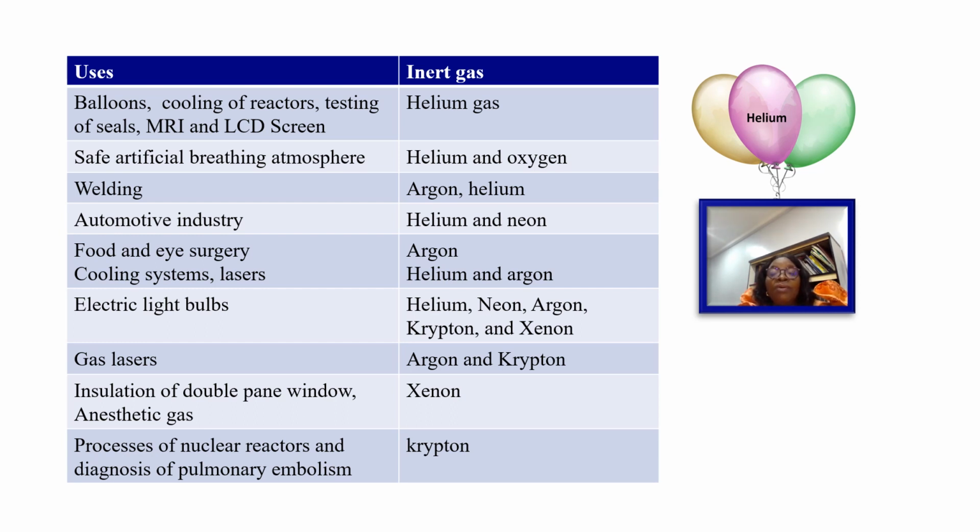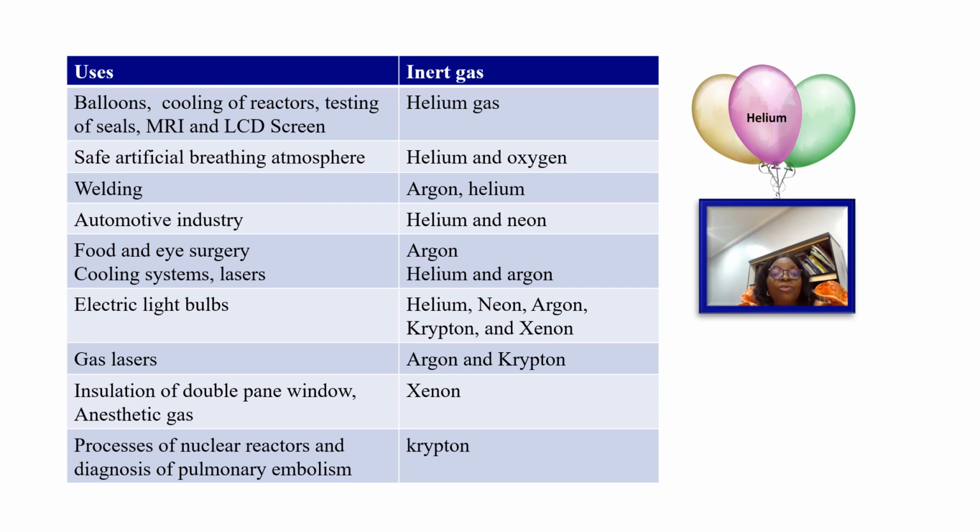Helium, neon, argon, krypton, and xenon are useful for electric light bulbs. They glow very well. Argon and krypton are useful for gas lasers.